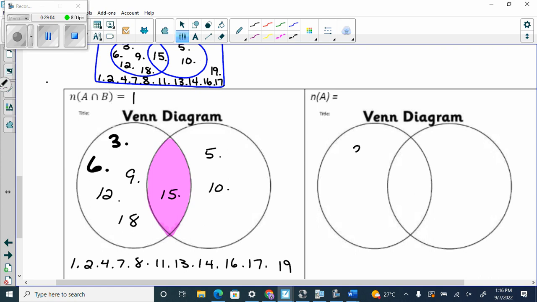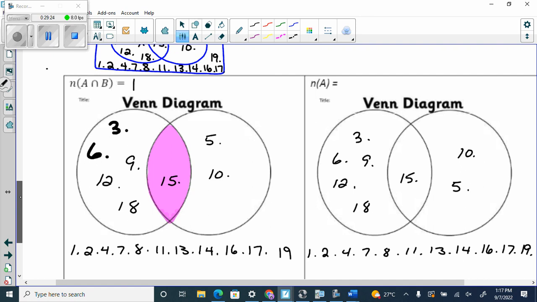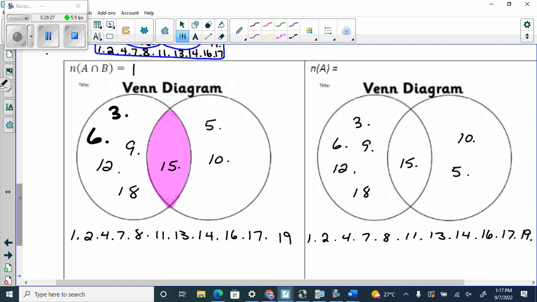And here we have, now I want you to shade where A is. Everyone shade A, and then tell me how many elements are in A. We're on the second Venn diagram.